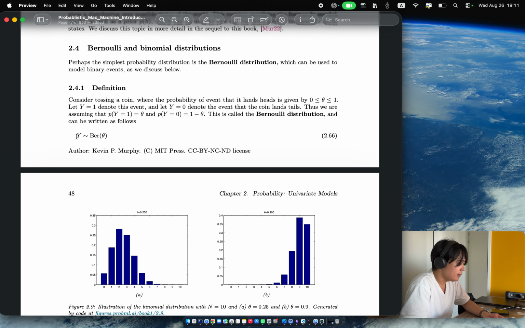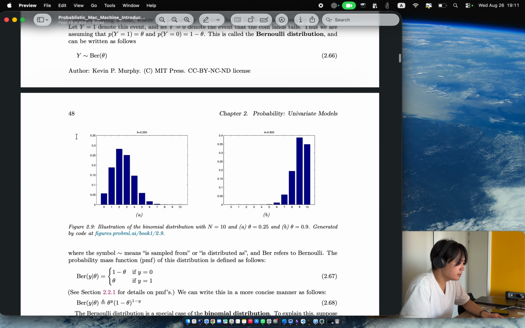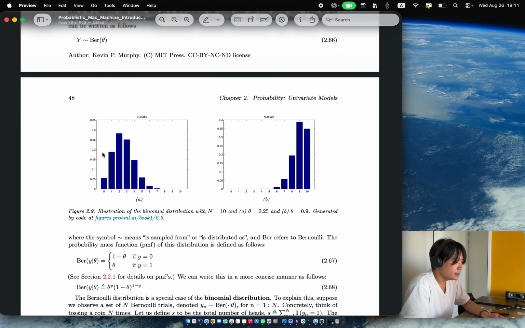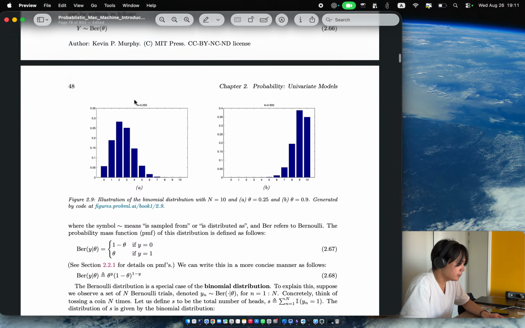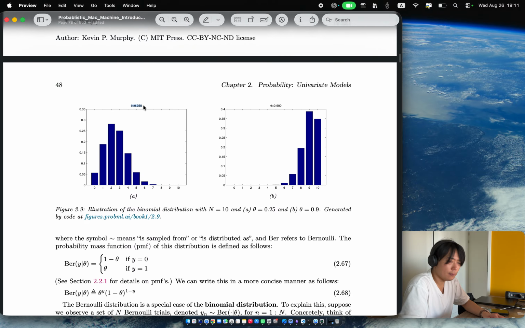You can describe it as a univariate distribution. You graph it as follows, and theta is like a parameter, so based on the parameter value, the distribution shape will change.